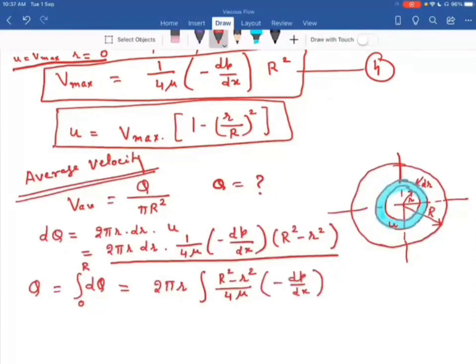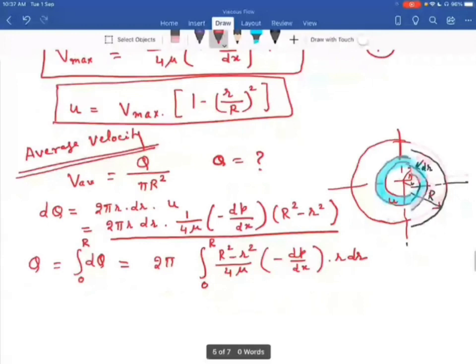Within the integration you have r into dr, and the limits are 0 to capital R.